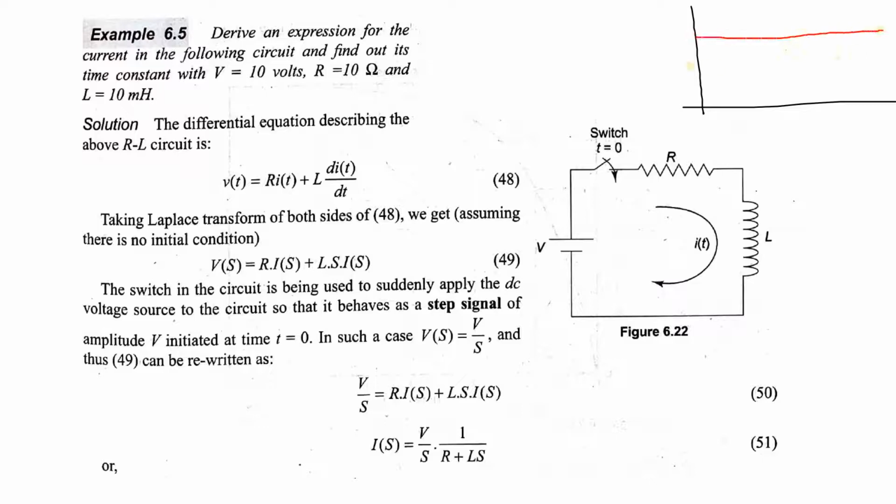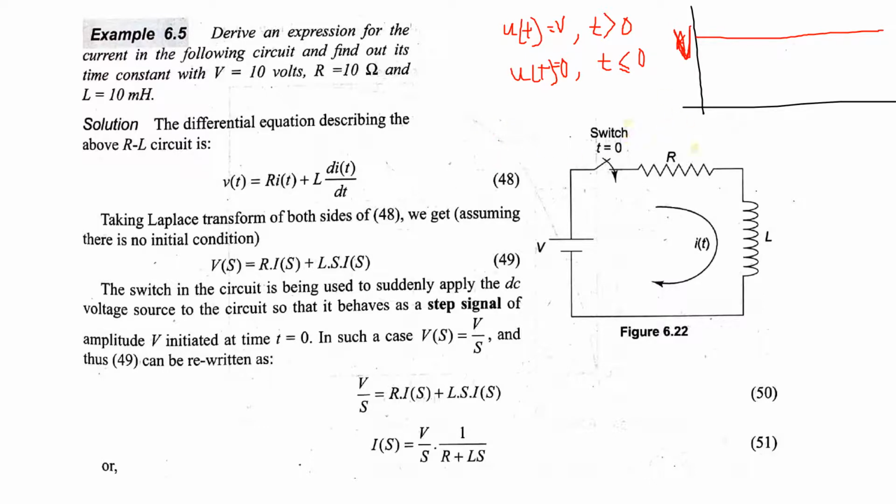For a step signal, when time is greater than 0, we get some amplitude A. In this case the voltage is V, so we get V, and when time is less than or equal to 0, it is 0. So it is a step signal where the amplitude is V.